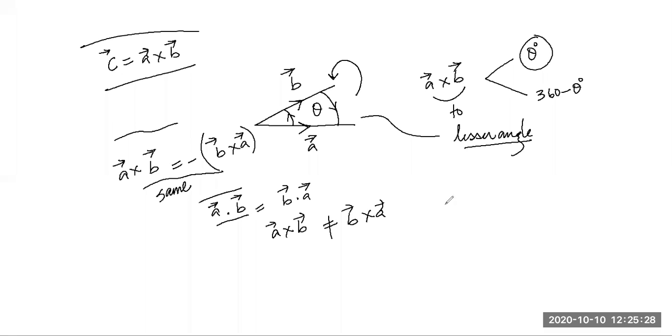You can say it's not commutative. But then let's talk about the distributive property.